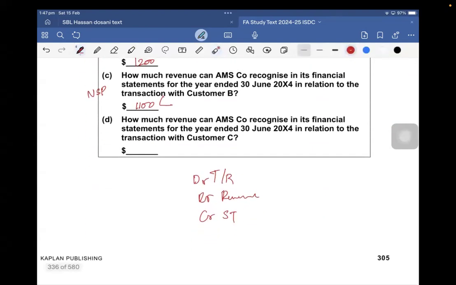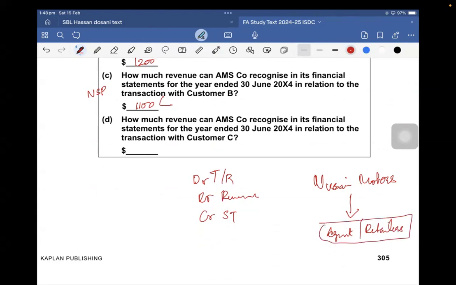See, suppose there is a company, Nissan Motors, right? A manufacturer. But does Nissan Motors sell the goods to you directly? No, right? They have agents or retail businesses in order to sell their products. So this agent cannot recognize the full revenue from the cars that they sell.